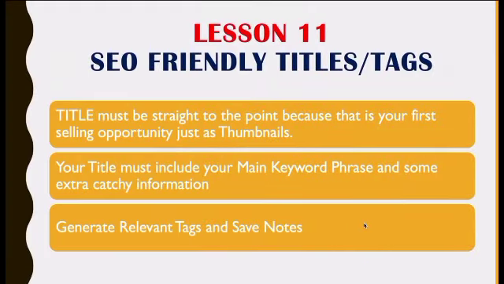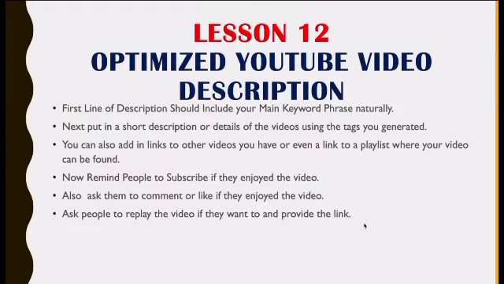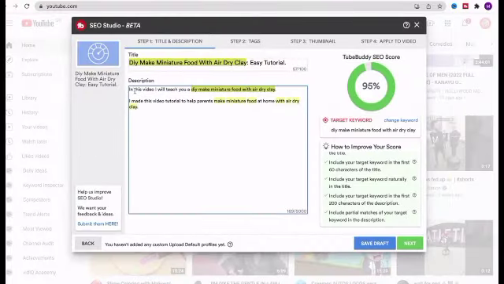We also mentioned that your first line of description should include your main keyword phrase naturally. We have done that over here. The first line of our description has our keyword phrase, DIY make miniature food with air dry clay, and we've made it natural. We haven't just dumped it here. We've made it natural by adding a few words and saying that in this video we will teach so and so.